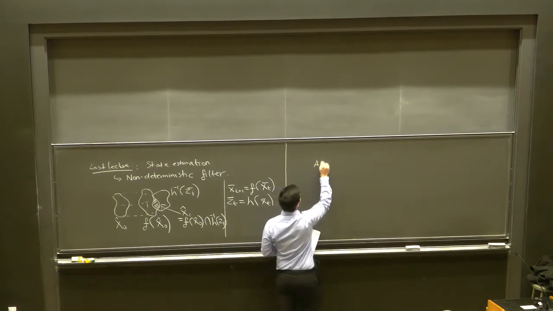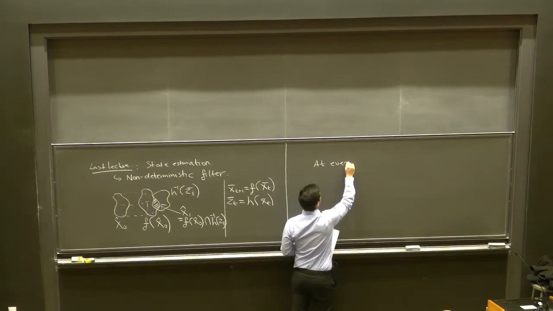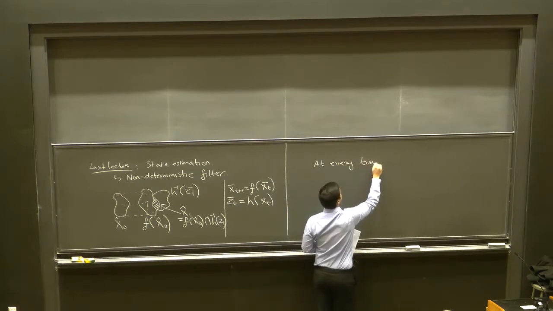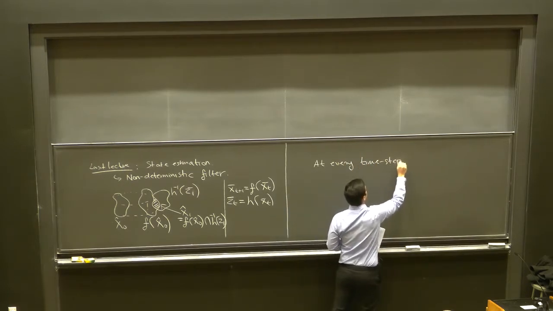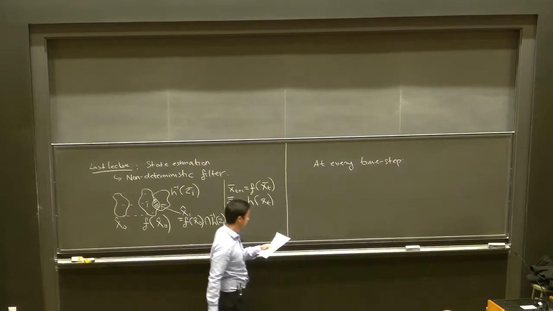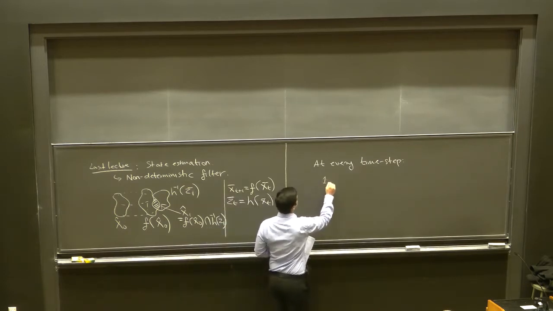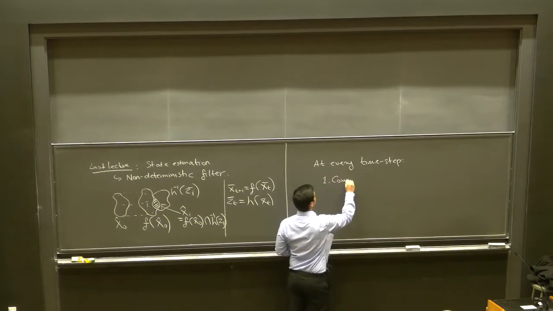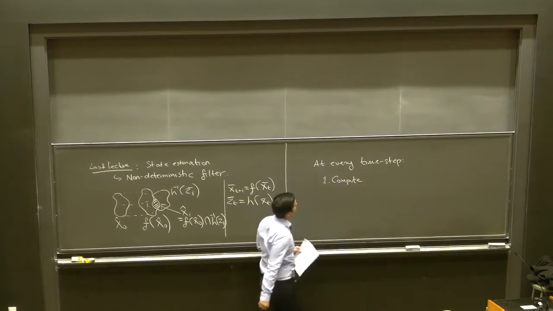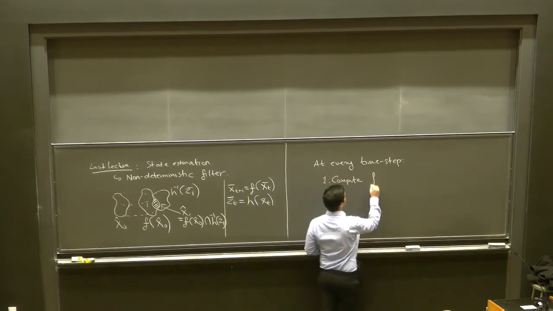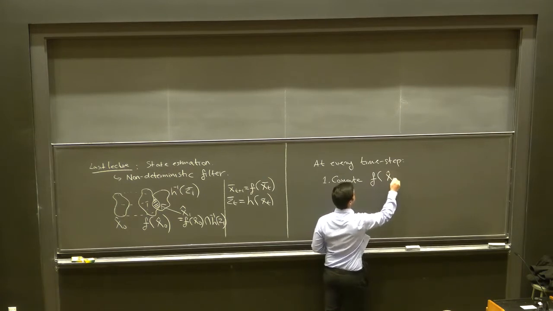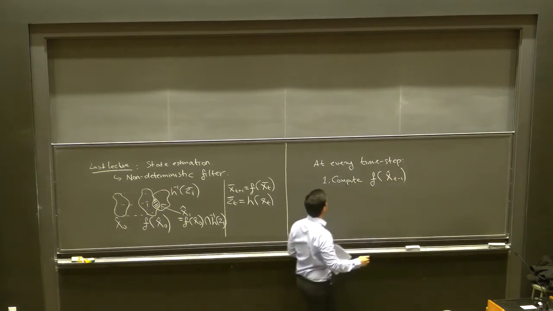So at every time step, we do this recursively. We first take our previous estimate of where the state can be. We propagate that through the dynamics. So compute f of x hat t minus 1.